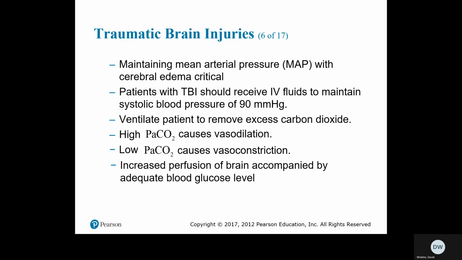That is a good starting point, but it's more important to look at the MAP that the monitor will provide for you, or you can calculate it to maintain that perfusion. And you need to have a MAP of 60. So if you go by systolic blood pressure, you're looking at a systolic of 90. If you're going by MAP, you need to look at a MAP of at least 60.